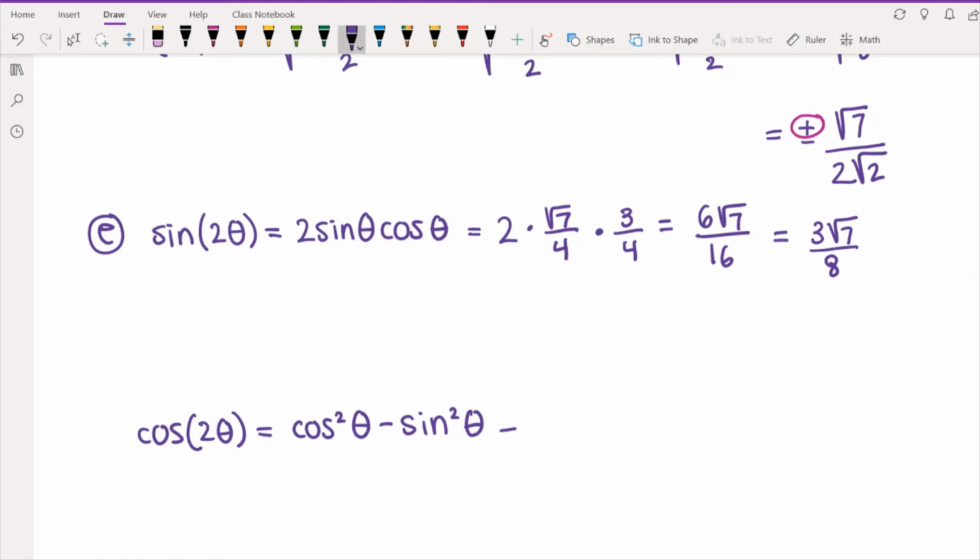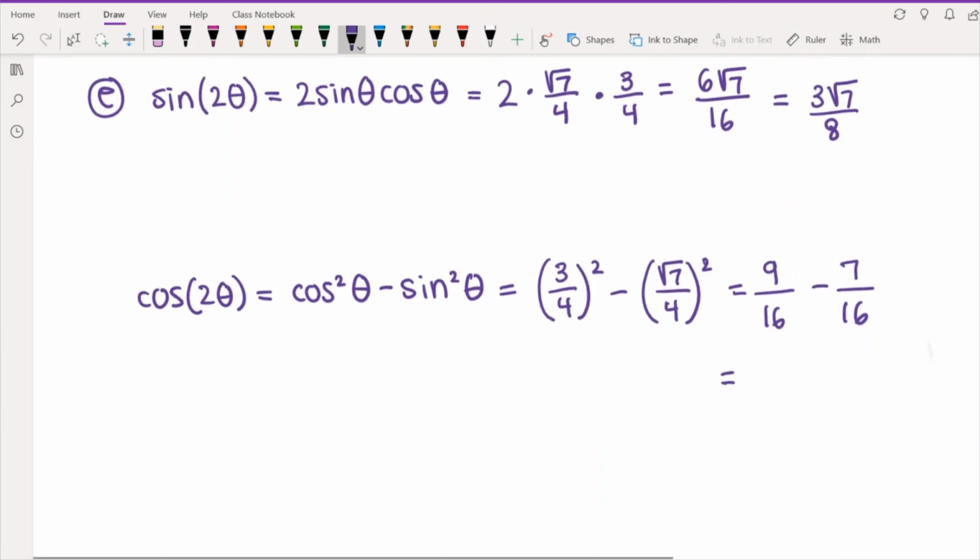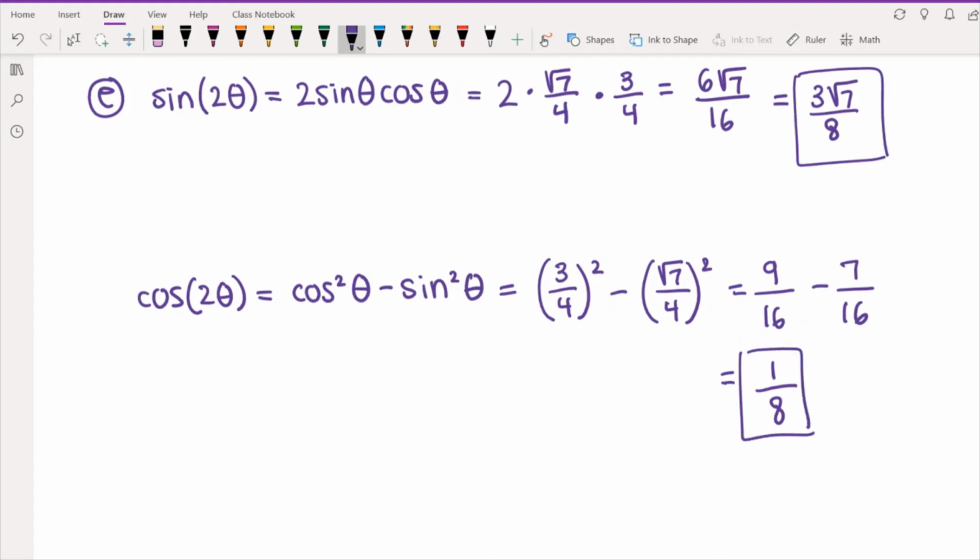And then similarly here, if we do cosine squared of theta, so that's going to be 3/4 squared, minus sine squared of theta, that's going to be square root of 7 over 4 squared. That's going to give us 9 over 16 minus 7 over 16, and that's going to equal 2 over 16, which is the same as 1 over 8. So it's really just using these formulas, plugging stuff in.